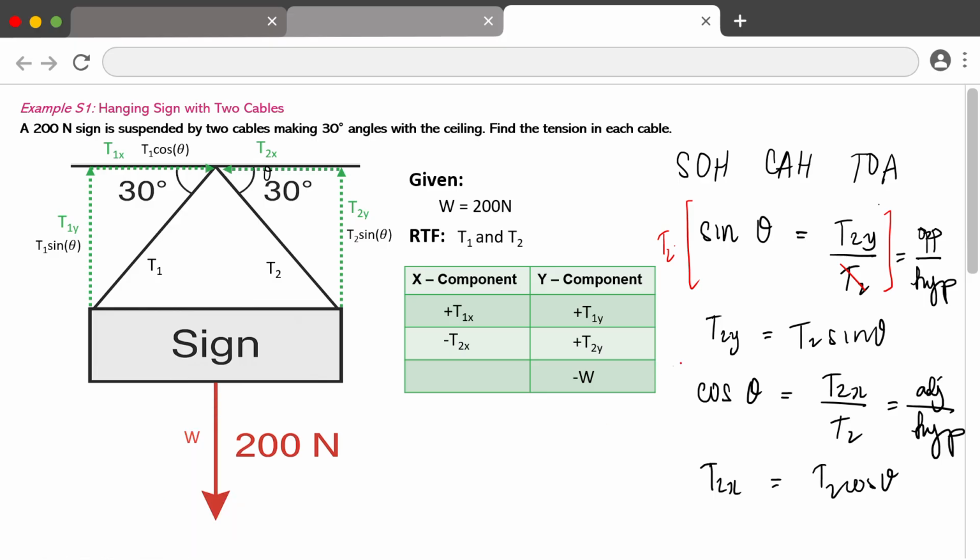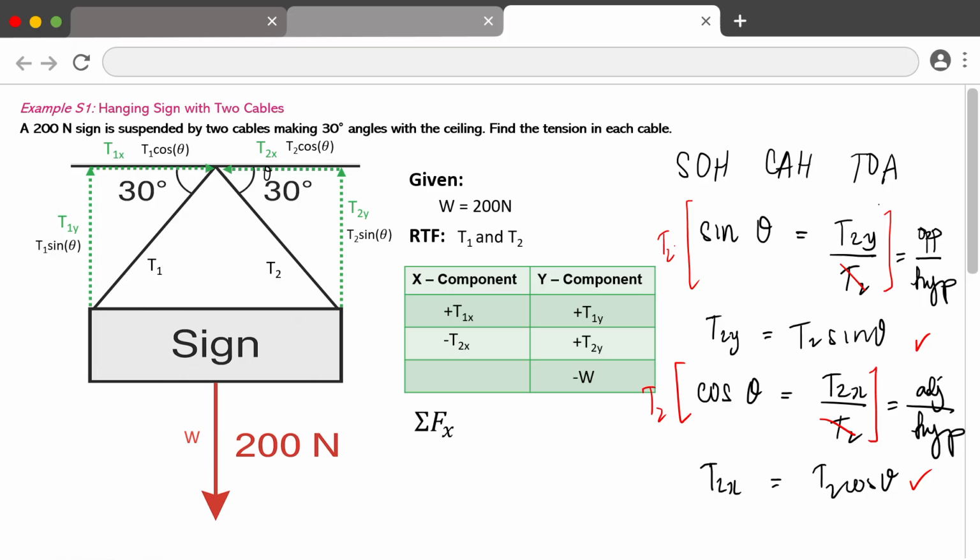Again, we did that by multiplying both sides by T2. This cancels out, which leads to T2 cosine theta and T2x. So these two equations allow us to write T2x and T2y in terms of just the variable T2, along with the trigonometric functions sine and cosine for T2y and T2x respectively. That's why we have this here.